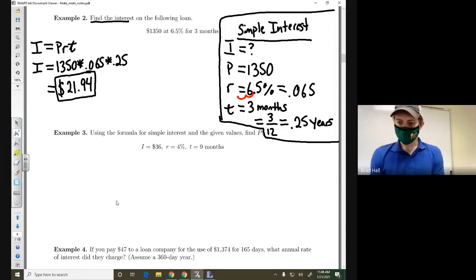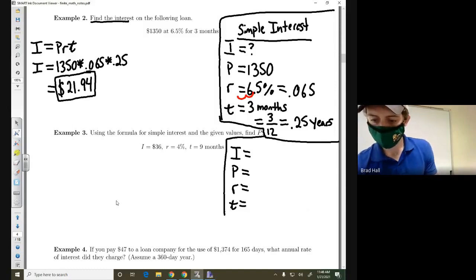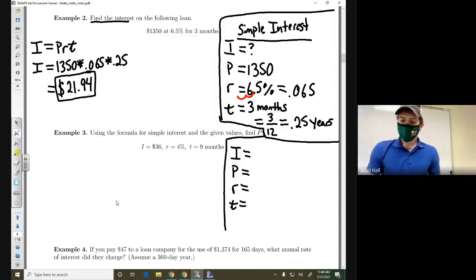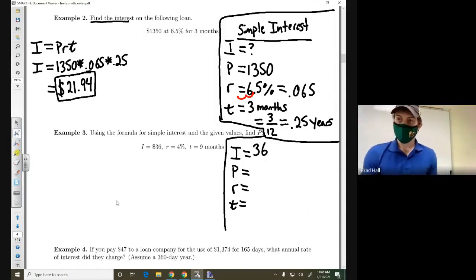So another simple interest problem. I'm already going to get started with the IPRT labeling. Luckily for us, they even tell us I is 36.